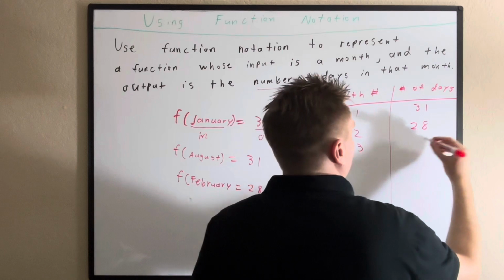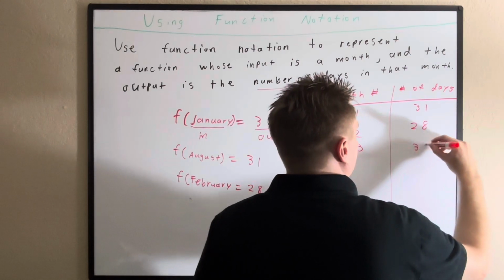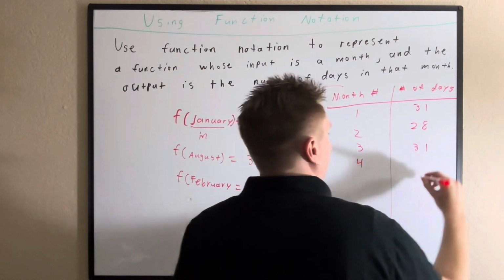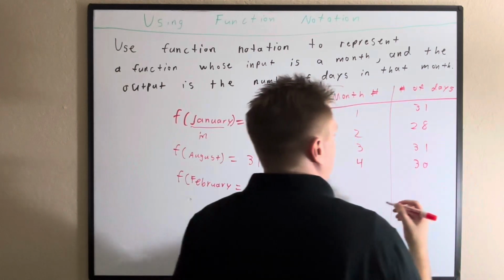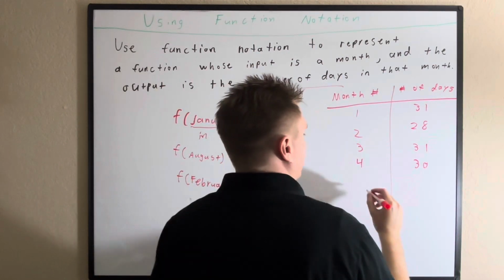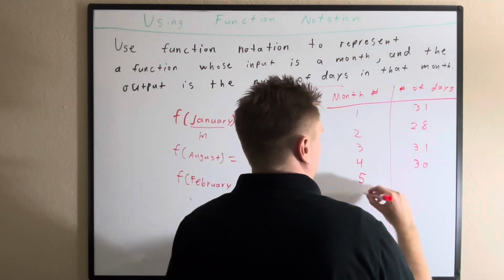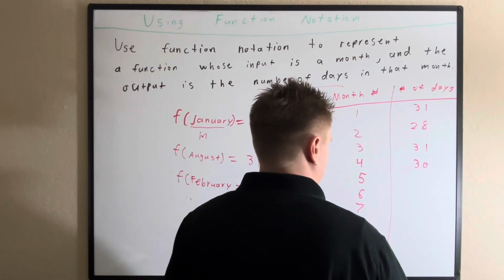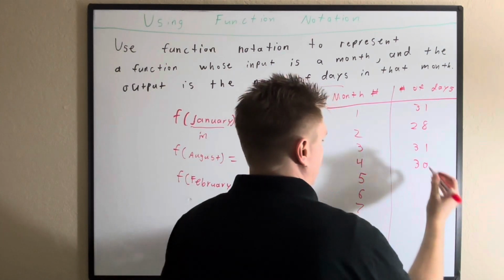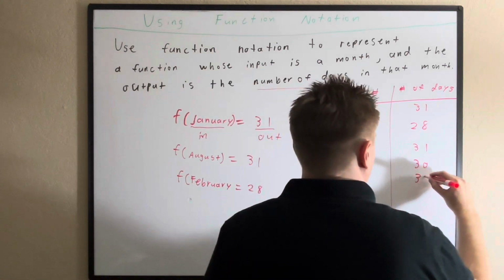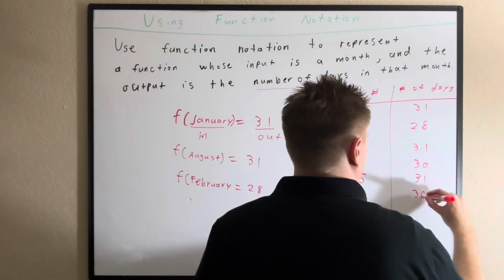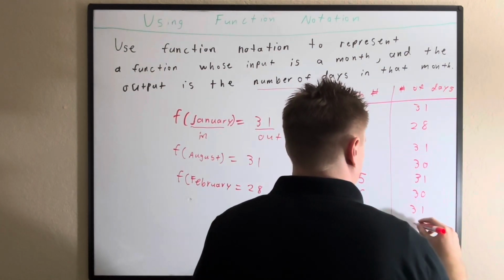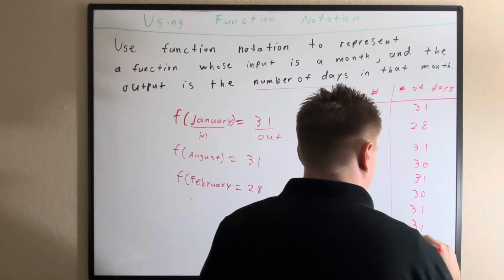March, 31 again. April, 30. 5, 6, 7, 8, 9, 10, 11, 12. 31, 30, 31, 31 again, 30.